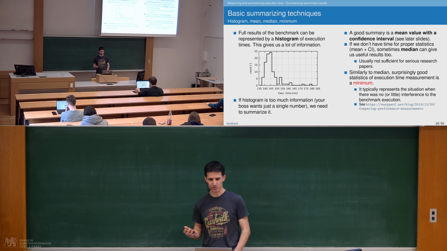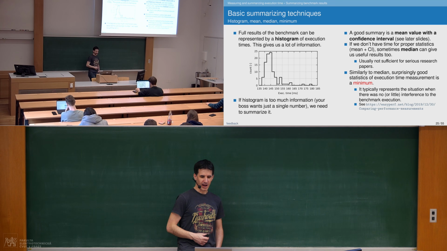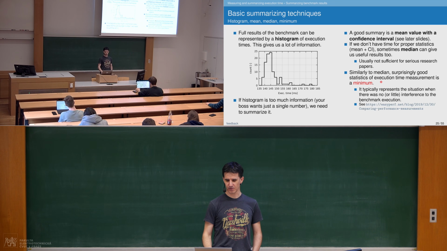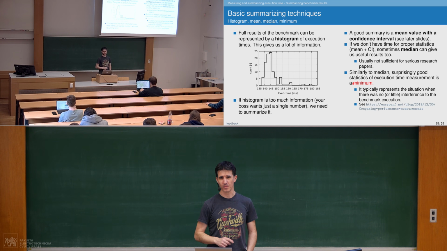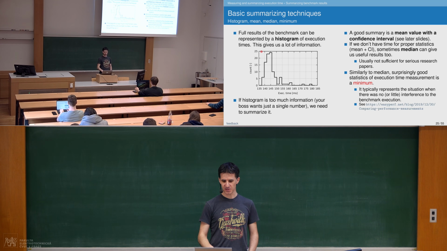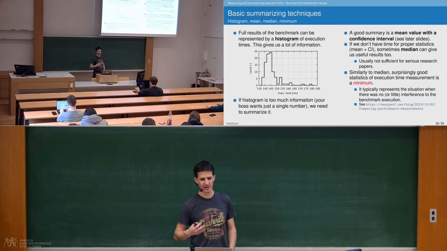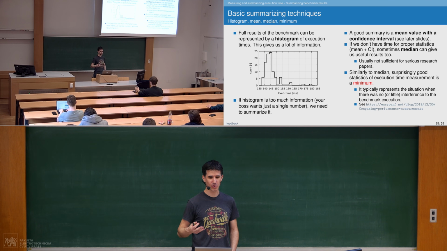For research papers, you need to do all the statistics properly. But if you are lazy, if you are in a hurry, I would recommend you take the minimum measured value. Because if this is a normal distribution, it would not be a good idea to take a minimum value. But this is not a normal distribution.